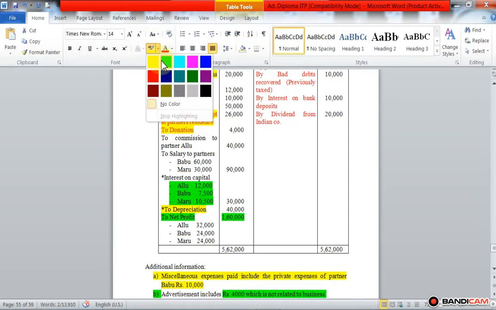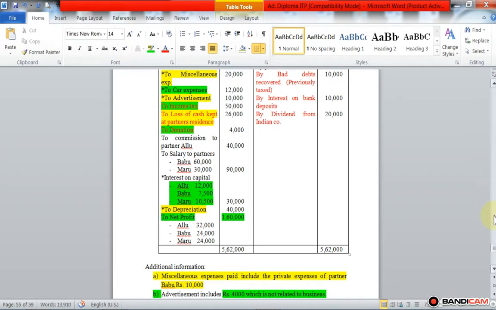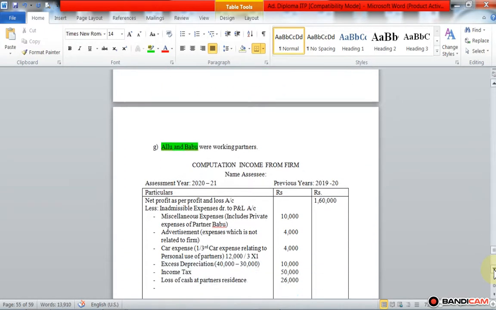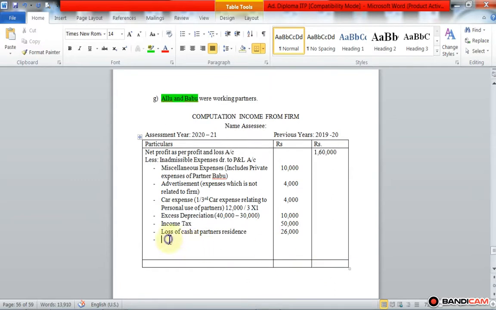Donation is disallowed, amounted to rupees 4,000. So add donation 4,000. Okay, we add all disallowed expenses here, or we take into consideration all disallowed expenses in the inner column.